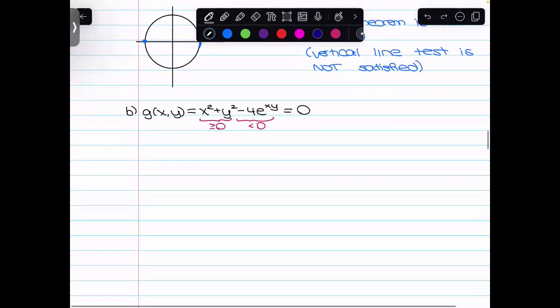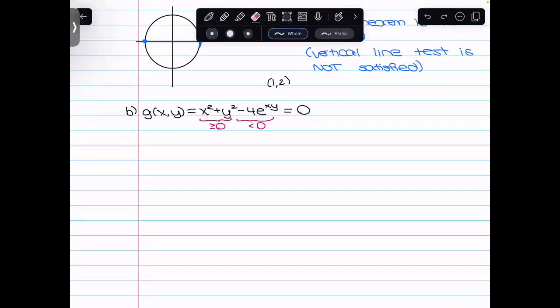But we have to find a specific combination of x, y that makes that happen. And because we have an e here, putting in numbers that are not 0 is going to get a little bit messy. For example, if I plug in, let's say, 1, 2, then you'd have 4e to the 2, which you can't really calculate, and it's a little bit annoying to work with.